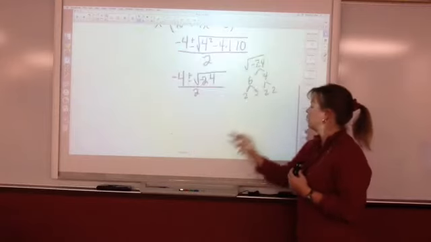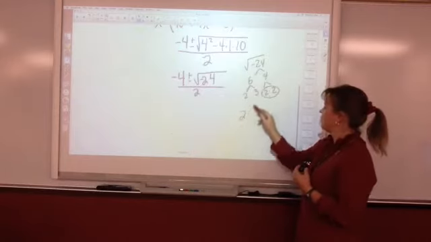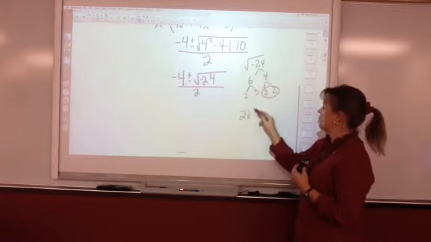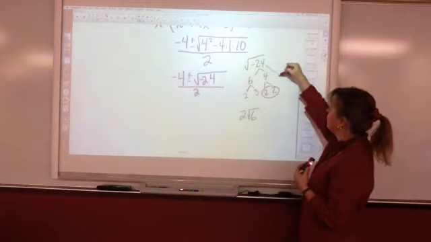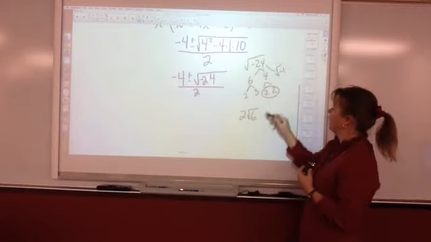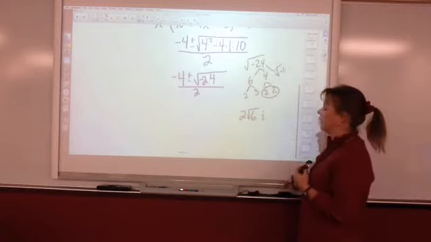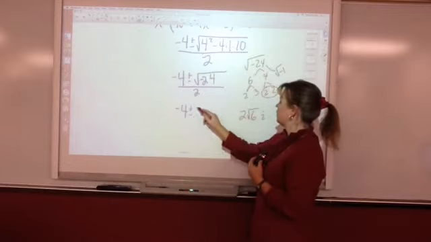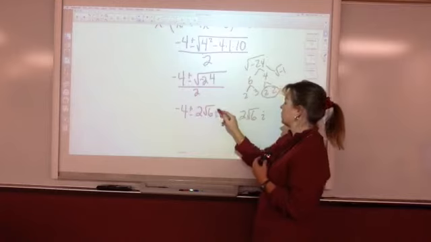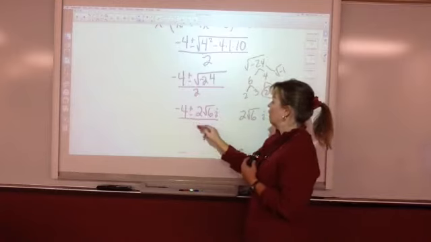Since you have a pair of 2's, one of those comes out. Since you have 2 times 3 left over, those go in there. And you also have the square root of a negative 1, which would make that an i. Negative 4 plus or minus 2 square root of 6 i over 2.